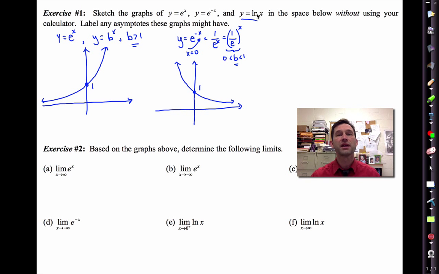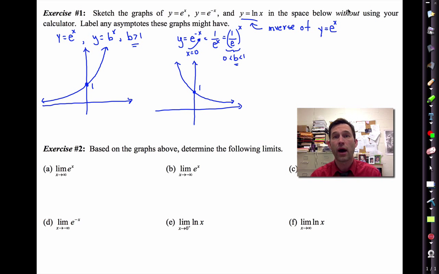Now, the logarithm sticks out because e to the x and e to the negative x are both exponential functions. But the logarithm is a logarithm function. And remember, the key to understanding this thing is it is the inverse of y equals e to the x. And remember how inverses work? Everything switches on them.